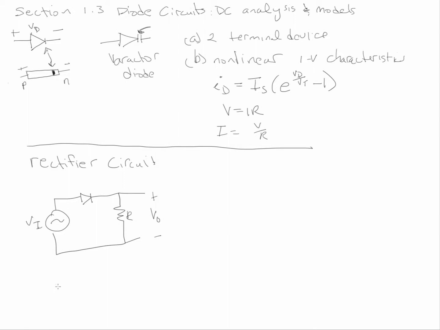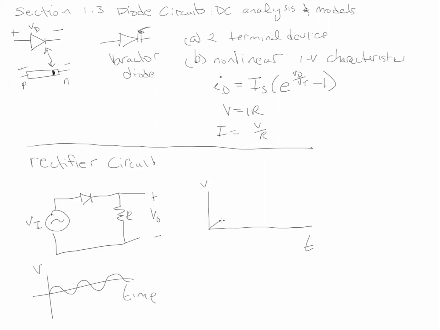If our input signal looked like this, so this is voltage over time, a typical sinusoid, then our output V out would look like this, again voltage and time.